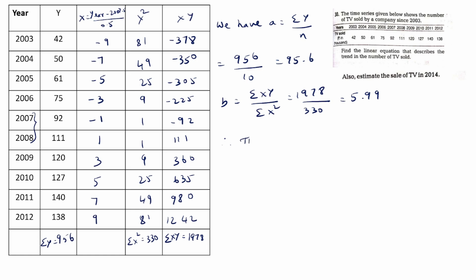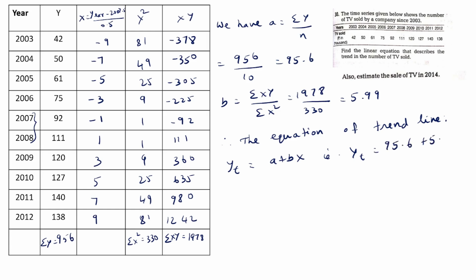Therefore, the equation of trend line is given by yt equal to a plus bx. That is, yt equals 95.6 plus 5.99x.